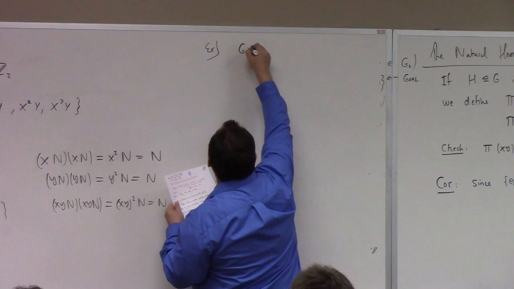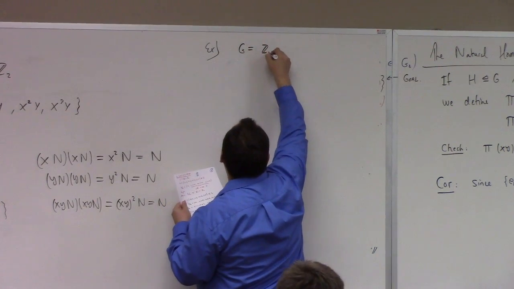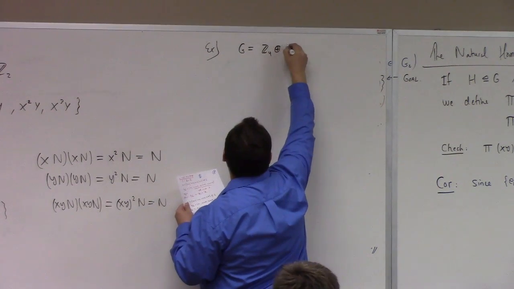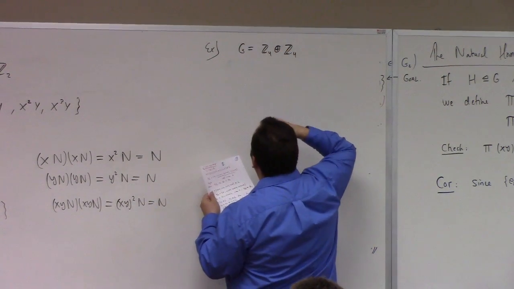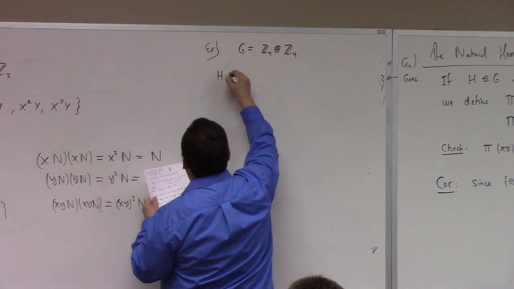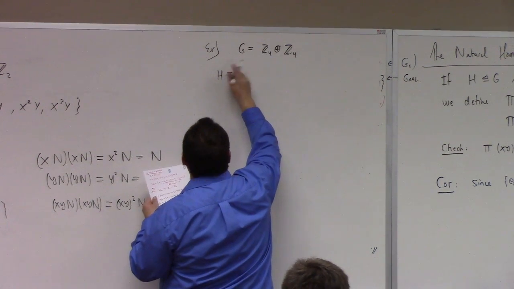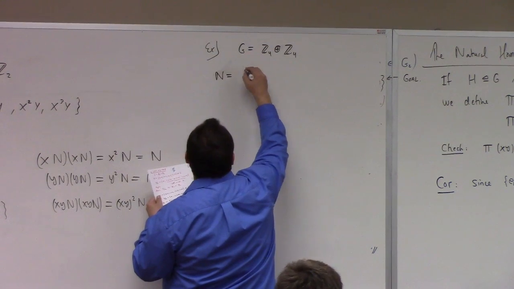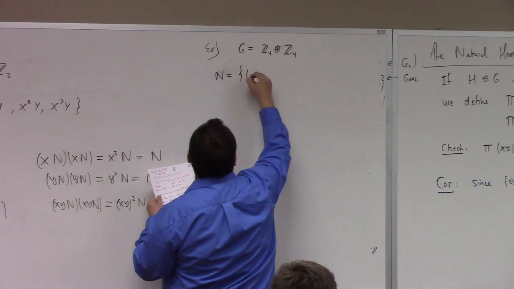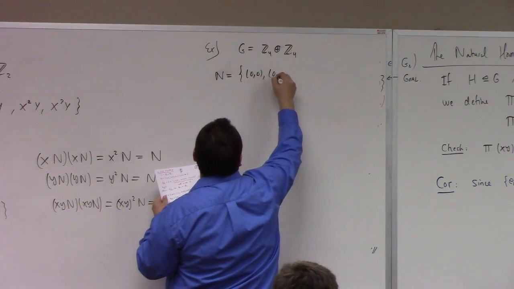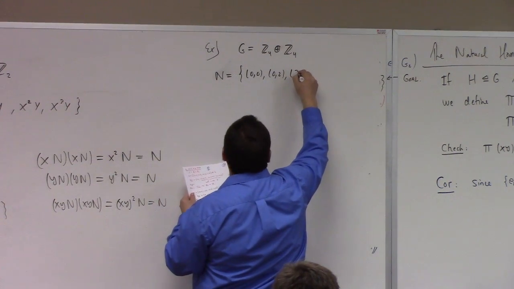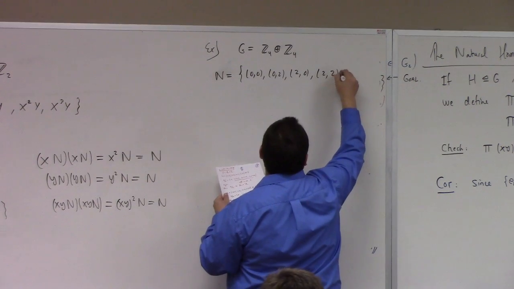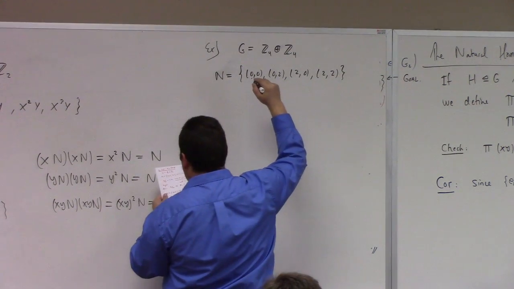We can look at G equal to Z4 direct sum Z4. And you can either look at N equal to {(0,0), (0,2), (2,0), (2,2)}, all right?